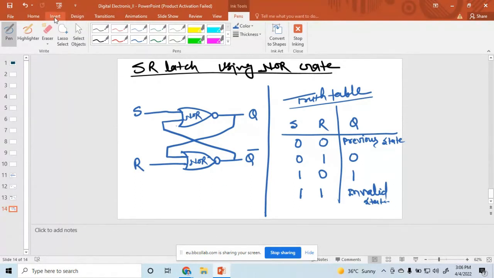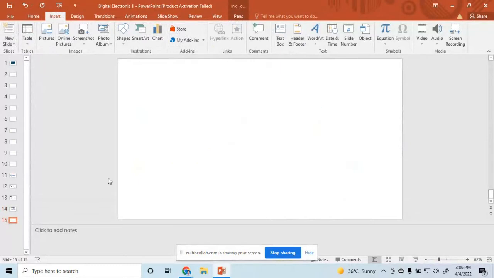And this SR latch is used. So what is the application of SR latch?